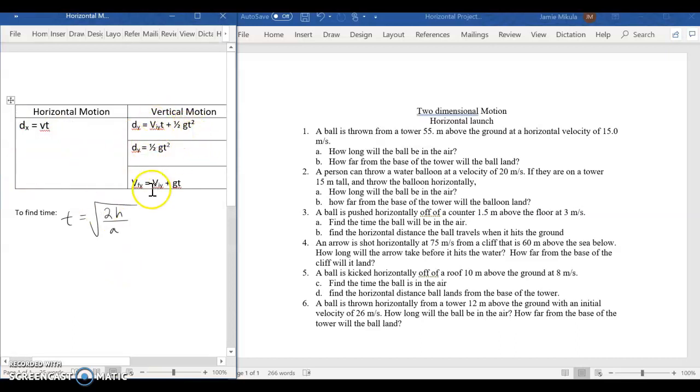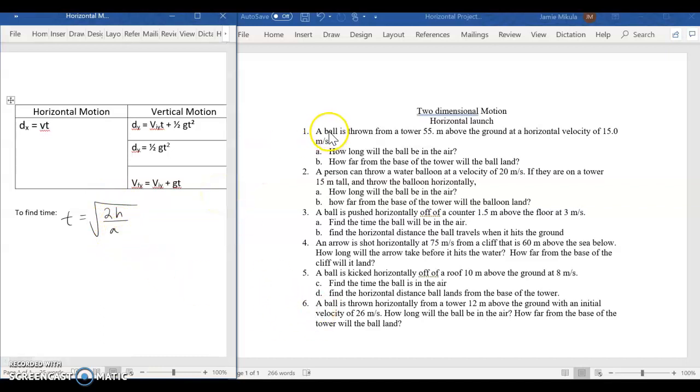Vertically, we can solve for all sorts of things, and you can see those formulas here. Gravity is the acceleration, so I've just put a g where a typically is. And to find time, you can use this formula here, t equals square root of 2 times the height divided by the acceleration, which is gravity.